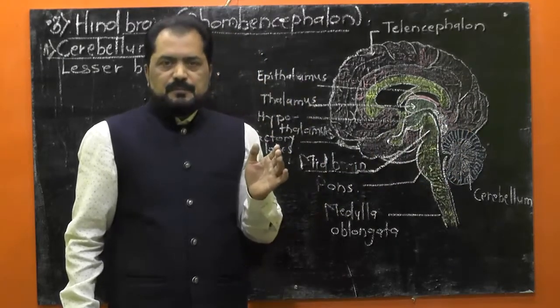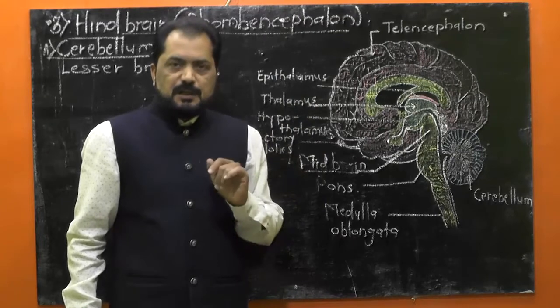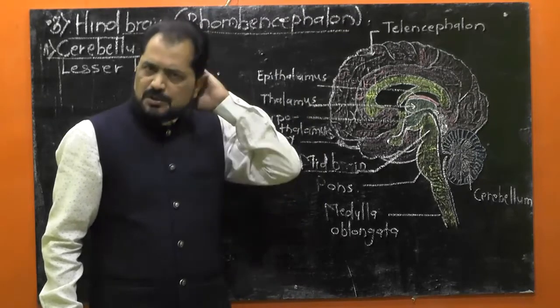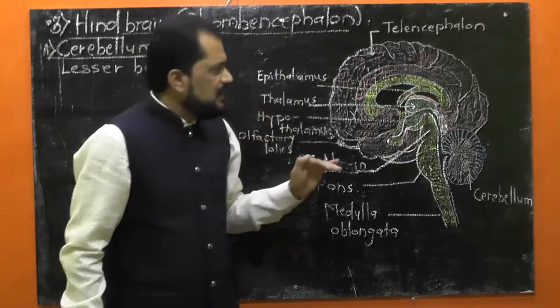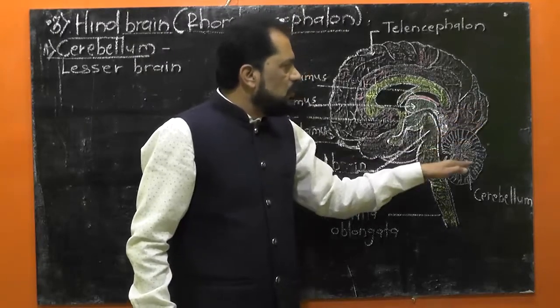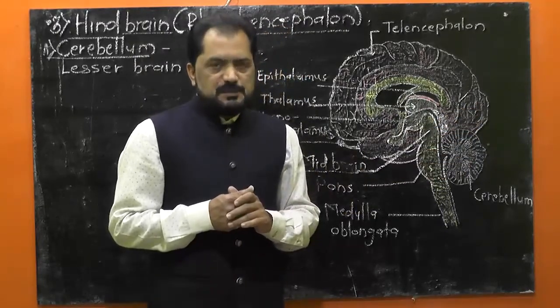So cerebellum may be known as lesser brain and it is present dorsally towards the back side just below the occipital lobes of cerebral hemisphere.